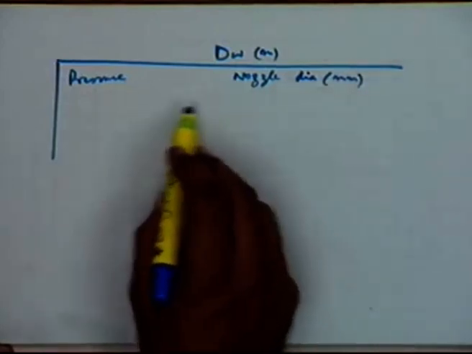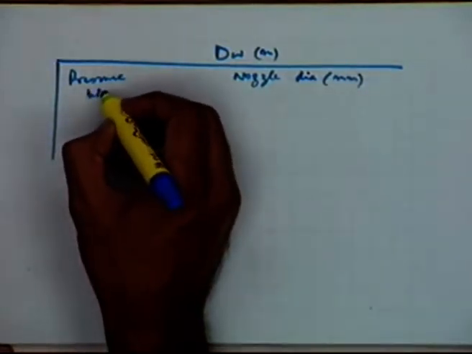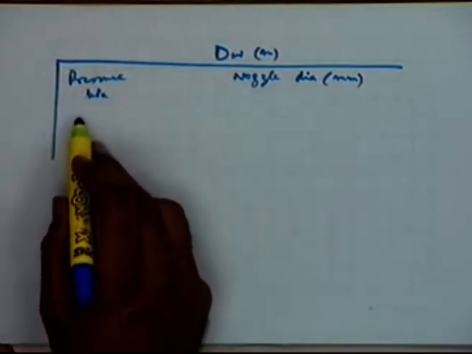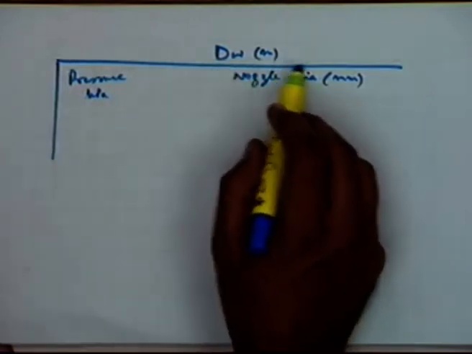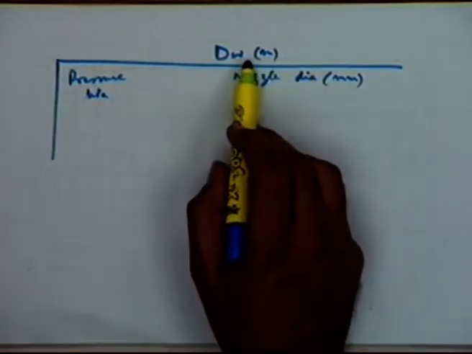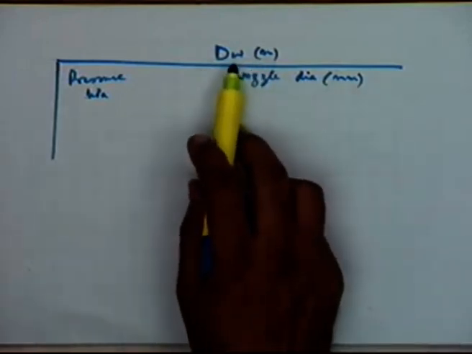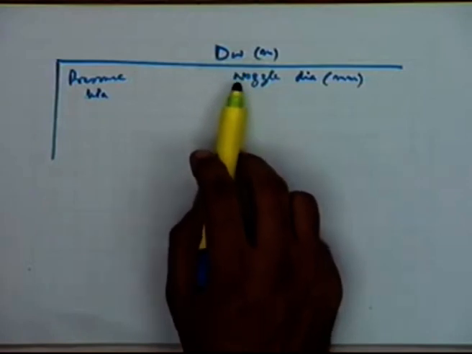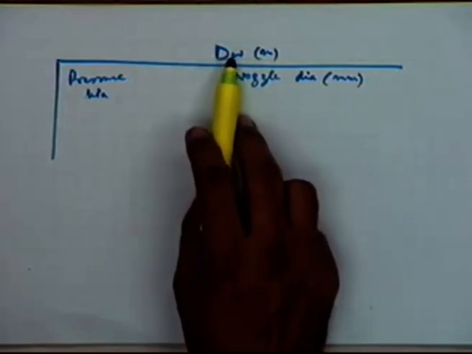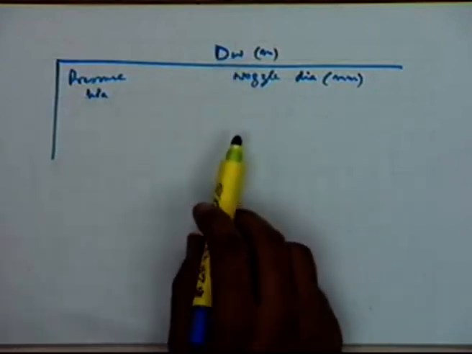So for different nozzles running under different pressures, you have their wetted diameter. If you want to select a desirable wetted diameter, you can use this table.